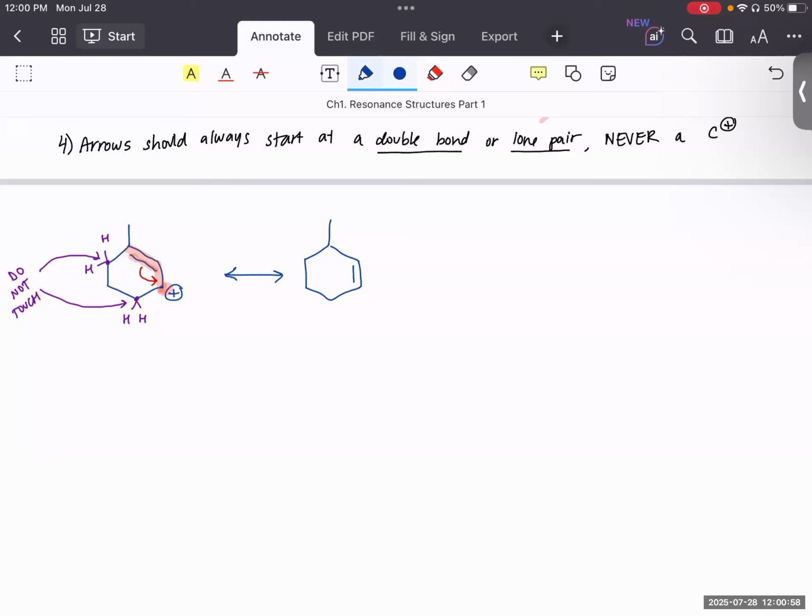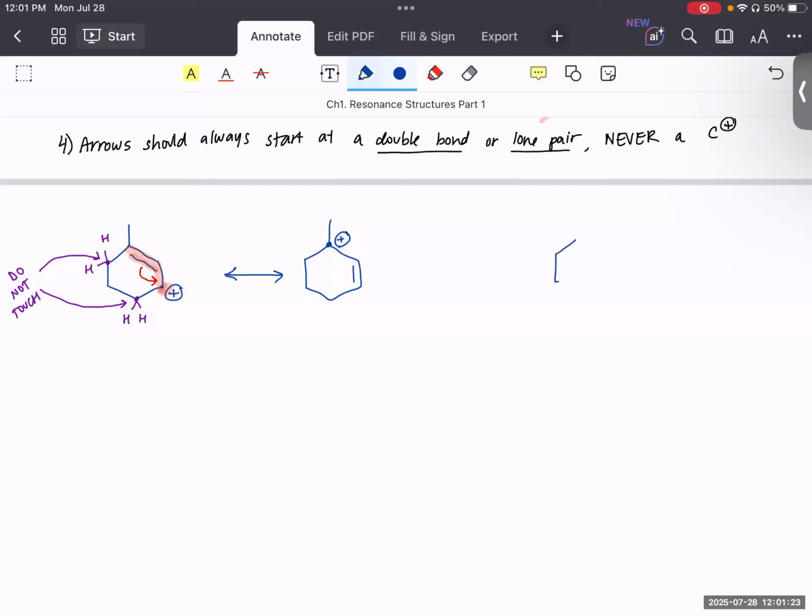And so from here, we have to make sure that we keep track of our charges. So this top carbon right here lost a bond. And so now it only has 3 bonds. And so now we will have a positive charge on this top carbon right here. And again, we didn't have a hydrogen there in the first place, so we don't have one now.